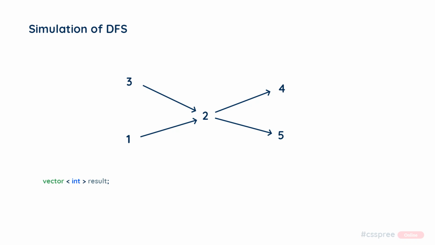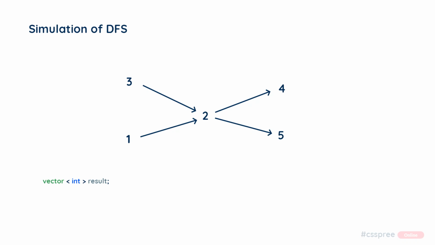So we will simulate our DFS. How can we apply it to our graph? Let's see. Here is a graph with four edges and five nodes. We'll start applying from number one. Before that, we need to store which nodes are already visited or not.